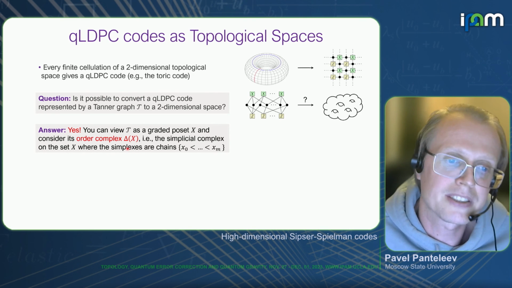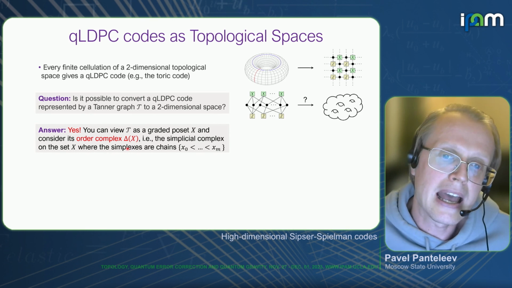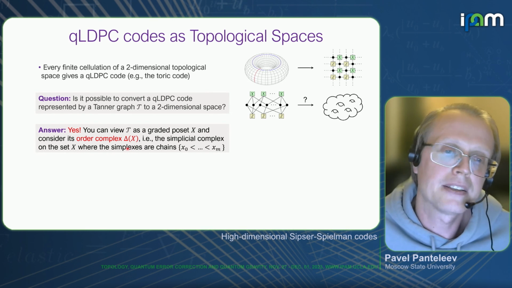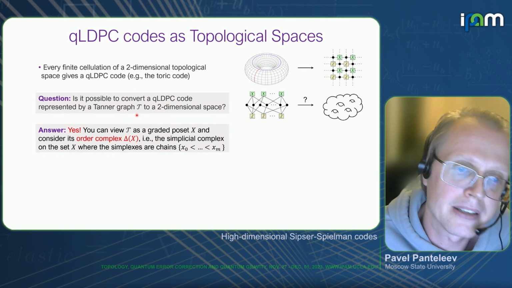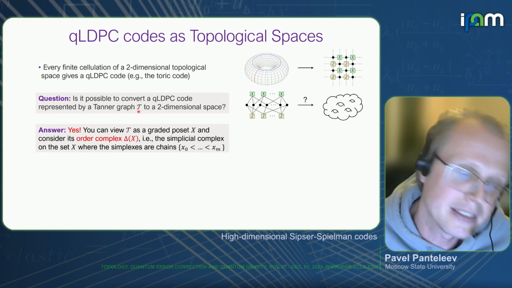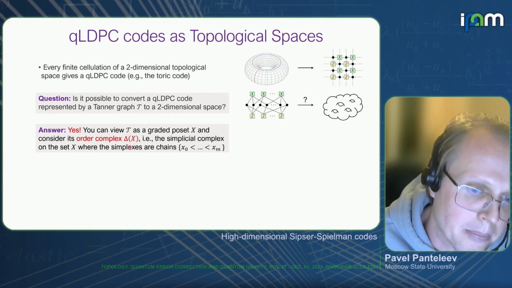Moreover, this also gives us a way to treat a qLDPC code as a kind of topological space. You can assign to every Tanner graph of a qLDPC code, in an almost unique way, what is called an order complex.